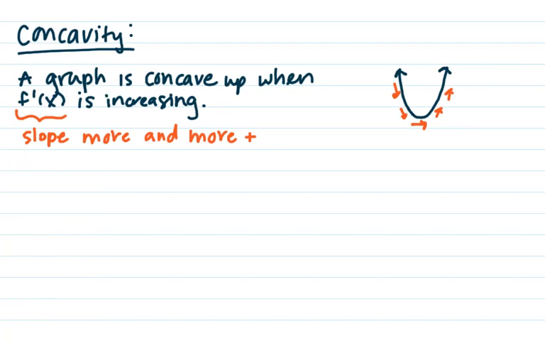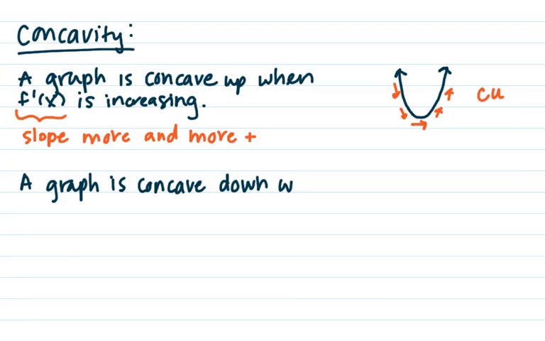So this is an example of concave up, and I'll use this abbreviation for that throughout today's video. And of course, the other one we're going to consider is when a graph is concave down, and that occurs when f prime of x is decreasing.